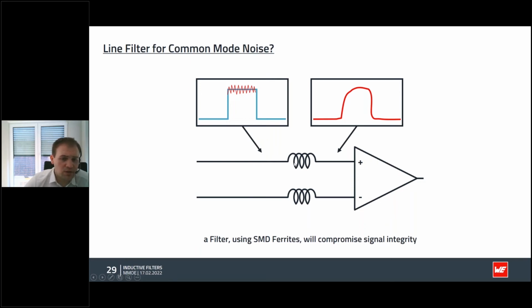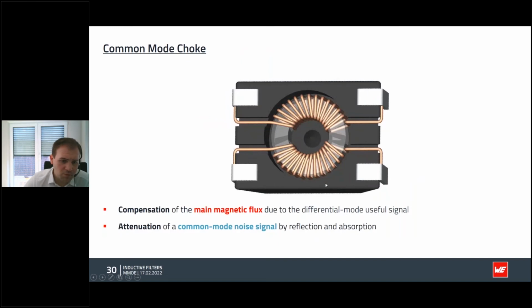So instead, we're going to use a common mode choke. A common mode choke will have the current going through the first line, and the same current going through the second line. By using the right-hand rule, we can determine that the resulting magnetic fields in the core will compensate each other. So there's no magnetization of the core for the useful differential mode signal.